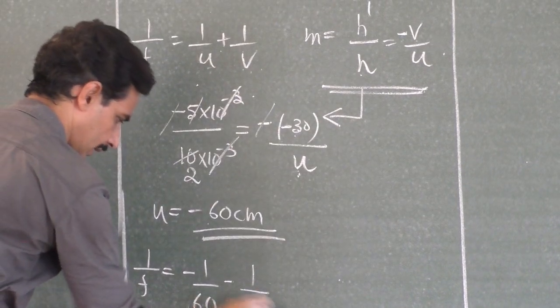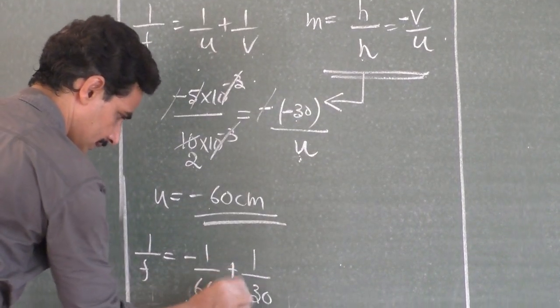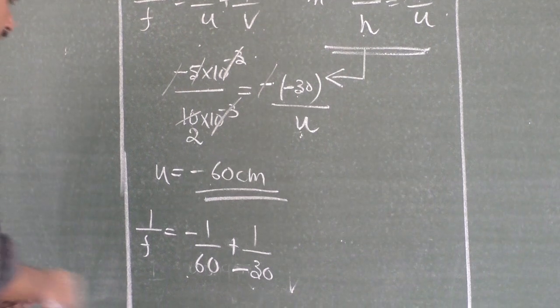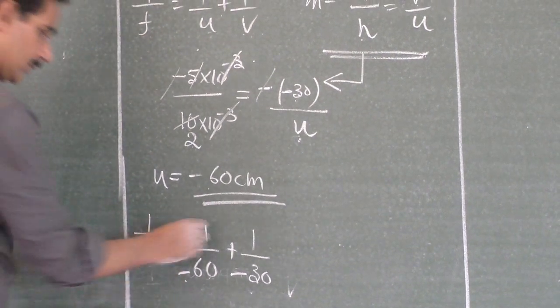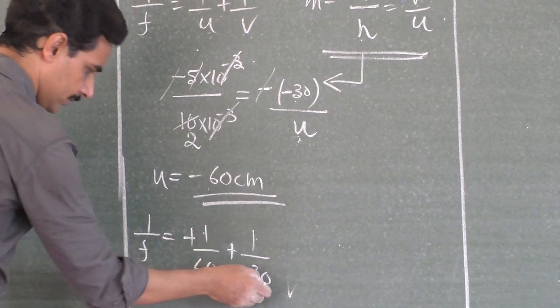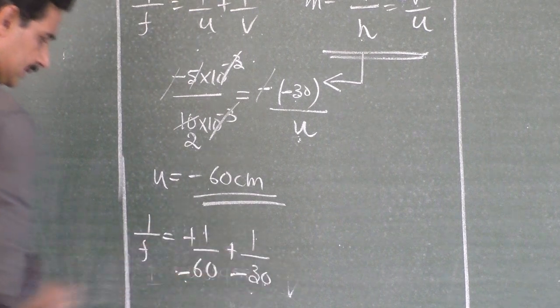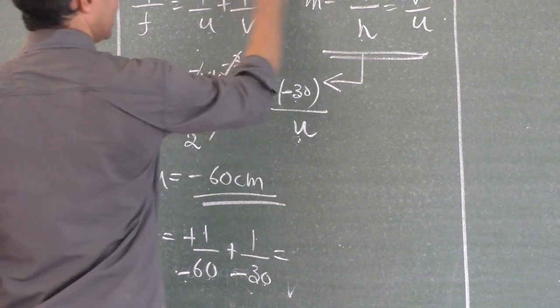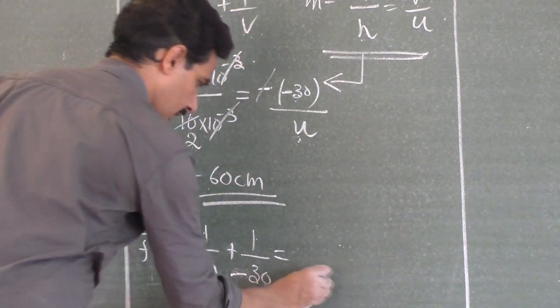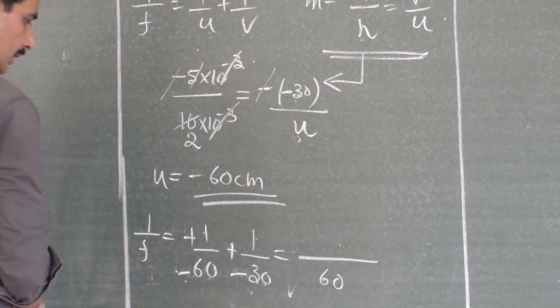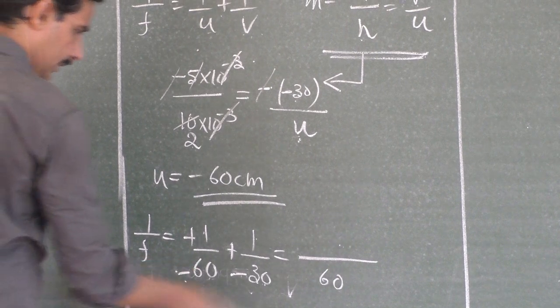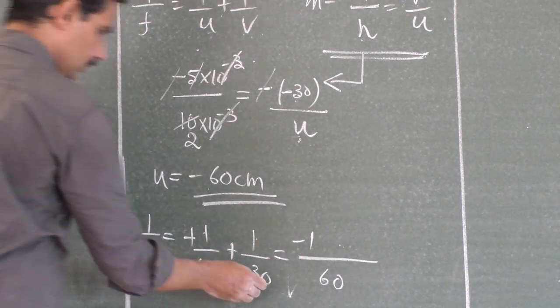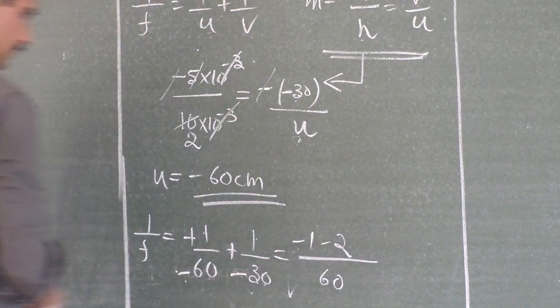To avoid confusion, I'll write it as 1 by minus 60 plus 1 by minus 30. What is the answer? Focal length should be negative and it should be less than 30. So I will take 60 common. If I take 60 common, 1s are minus 1, 2s are minus 2.